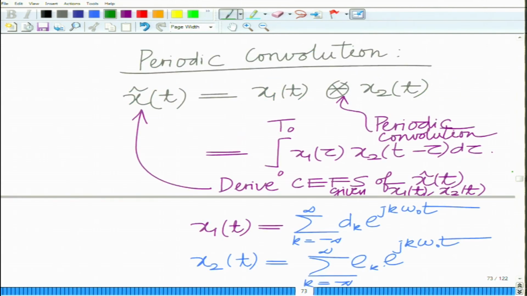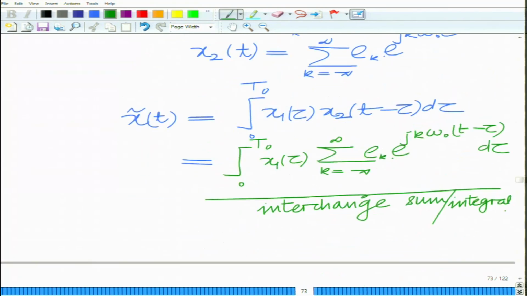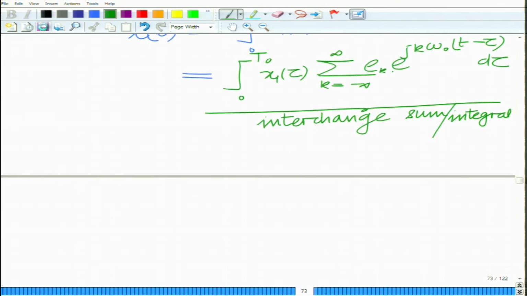If you interchange the sum and integral, that gives us summation k equals minus infinity to infinity e k, integral 0 to T naught. We can split the e raised to j k omega naught t. So e raised to j k omega naught t, which does not depend on tau, comes out of the integral.